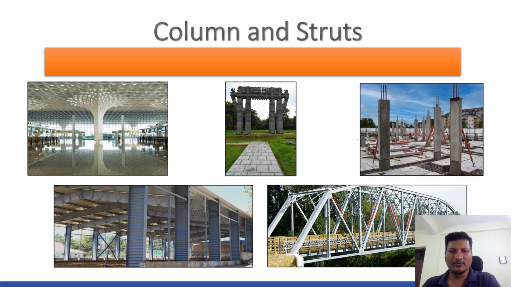As I already told, they have been used in architecture since ancient times, such as in ancient Egyptian architecture, as early as 2600 BC. You need to go through the history of the column. You may find it in any textbook.